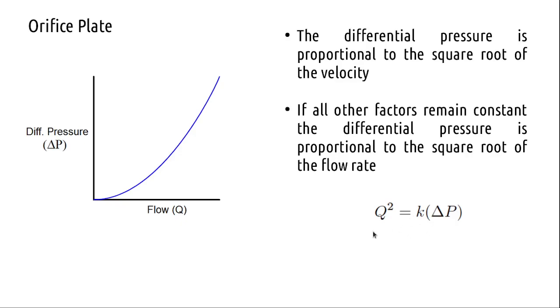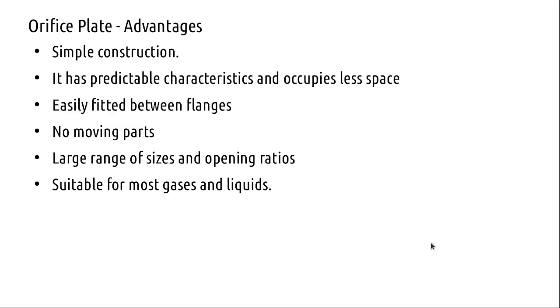You get a square relationship between the flow and the differential pressure: Q is the square root of K into delta P, where delta P is the differential pressure between these two points. Your other factors, A1, A2 and so on, are all constant. So you end up with an expression like this. This is the basic principle of the orifice plate.